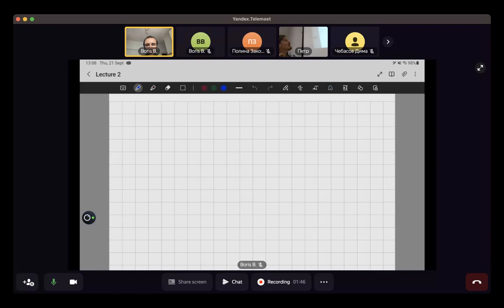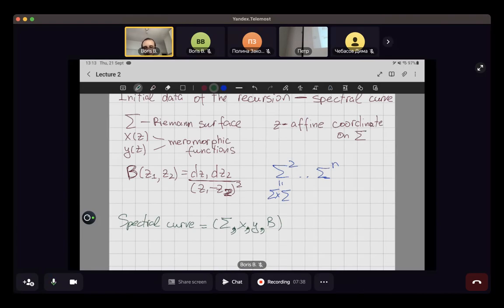Is it a local or global coordinate? And what about B, is it local or global? So this B as written here is for the case when sigma is the Riemann sphere. Then B is global on the Riemann sphere, and of course, if you have a surface of higher genus, then you cannot have this. I more or less could hear the questions, but thanks for answering, Petya.